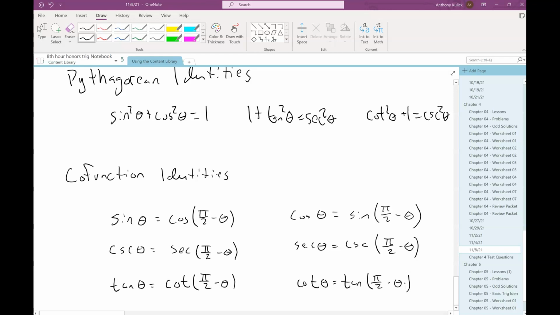As an unimportant aside, you notice that we have sine and cosine, secant and cosecant, tangent and cotangent. The prefix co is actually short for complementary, because these are complementary functions, in that they are equal if you're operating on the complement.